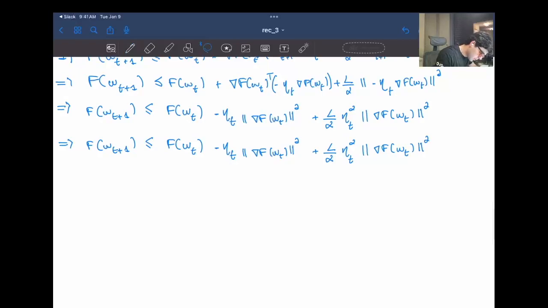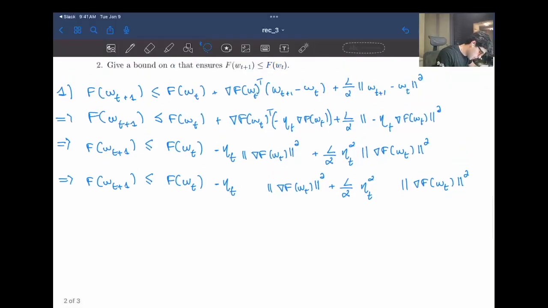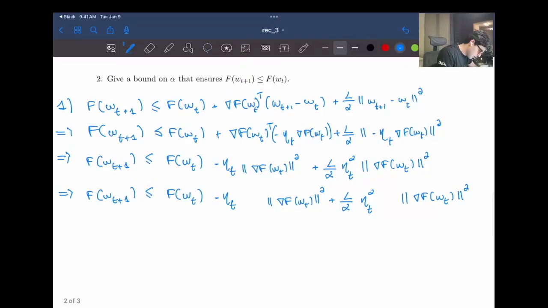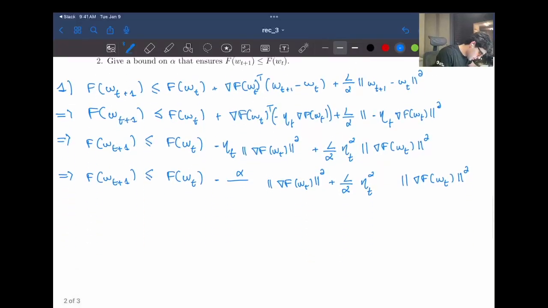So let's make some space here. Okay. First of all, let's remove the first eta_t and replace it with what it is.